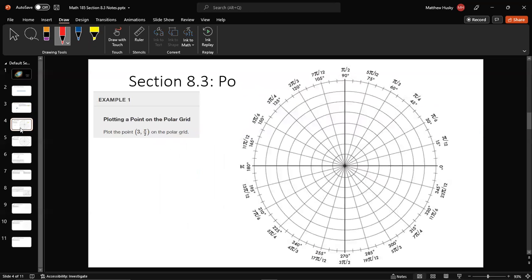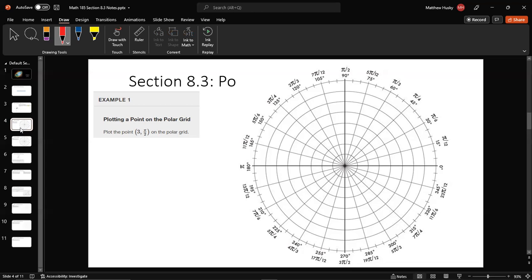So here we have plotting a point on a polar grid. And they say plot the point 3 comma pi over 2 on the polar grid. As you can see, there's a very lovely polar grid that is provided for us. And they were very nice and included both the radian and degree measures of the angles.